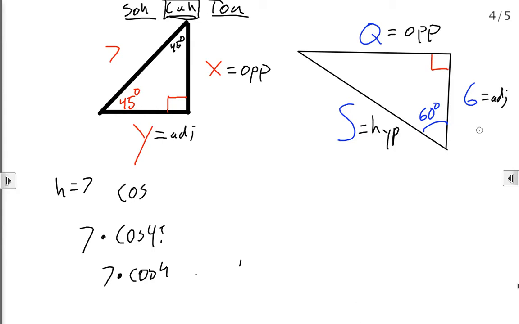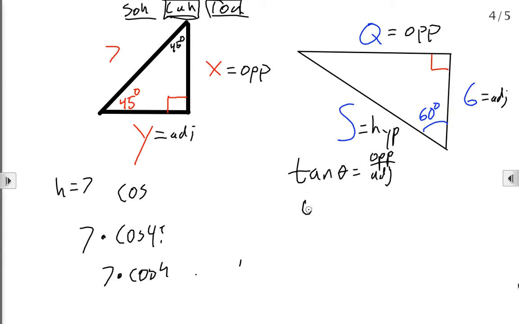So in this case, we know the adjacent, and let's say we wanted to find the opposite first. That's TOA, because O is opposite, A is adjacent, so that makes TOA a good choice. So the tangent of theta is going to be equal to the opposite over the adjacent.